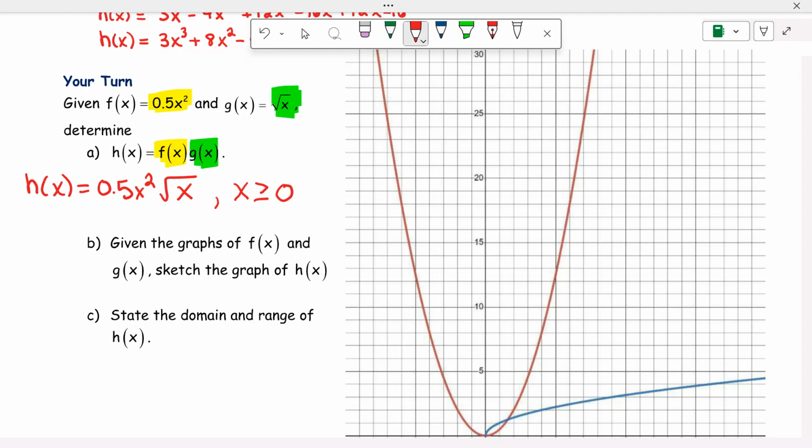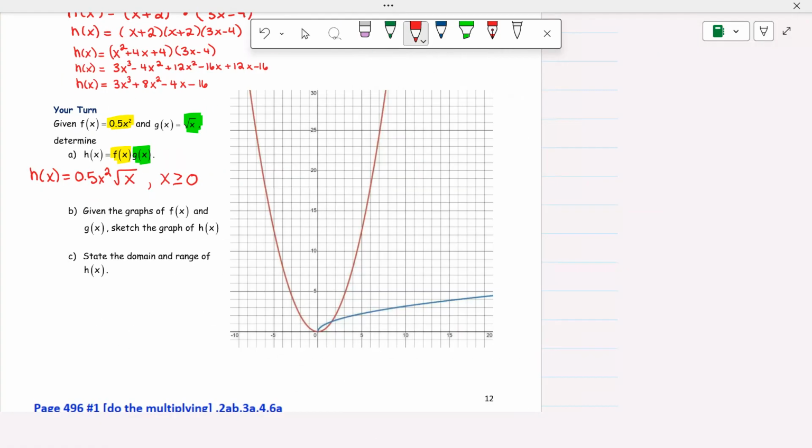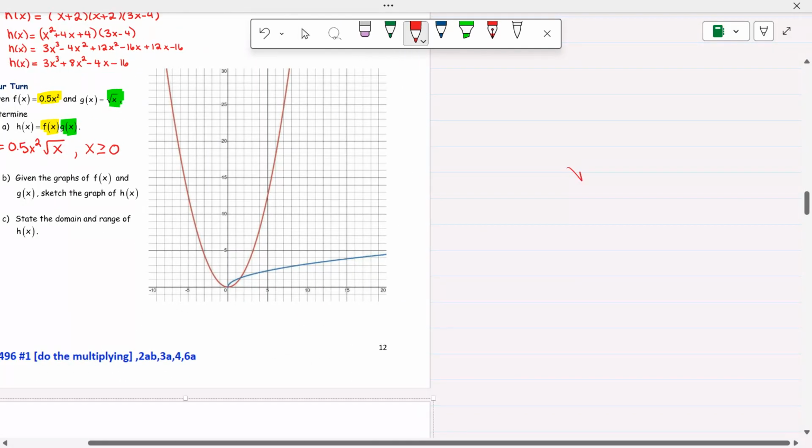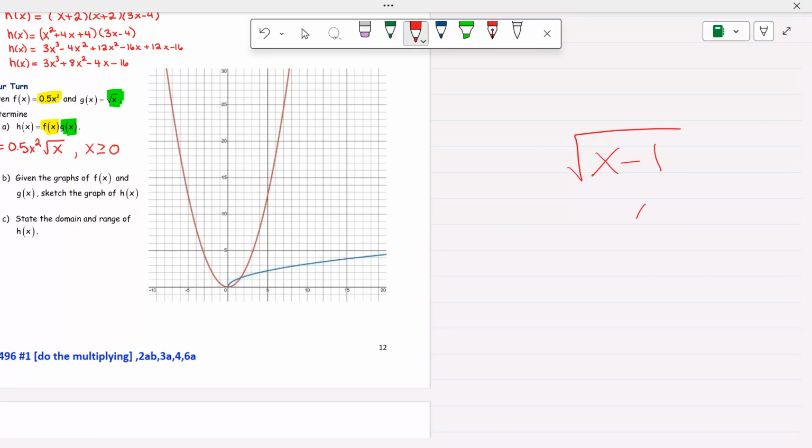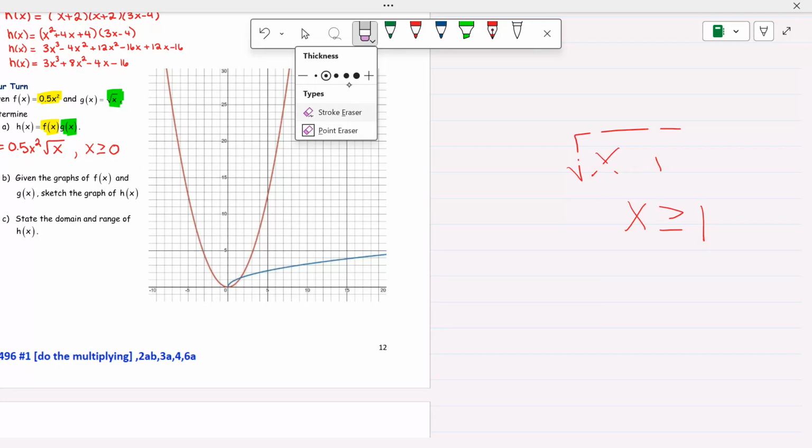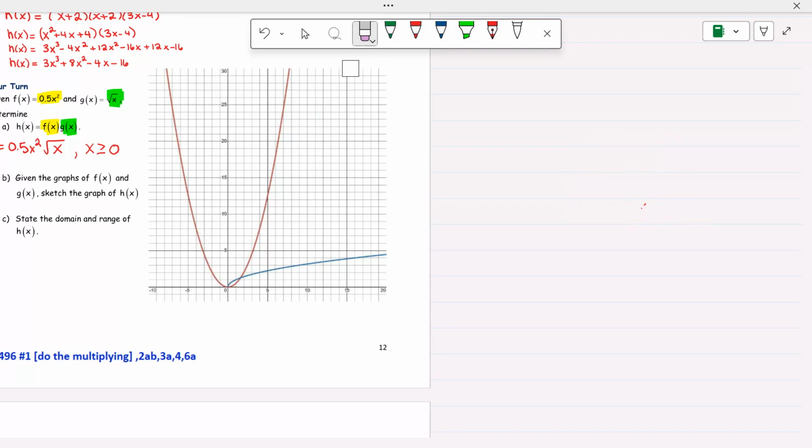Because whatever the expression is underneath the radical sign, you know has to be greater than or equal to 0. So remember in our transformations unit when I had stuff like this? You guys remember doing stuff like that? And you had to say x had to be greater than or equal to 1. It's the same idea of what we've done in the past. Except we're getting kind of new, different functions by combining functions through multiplication.